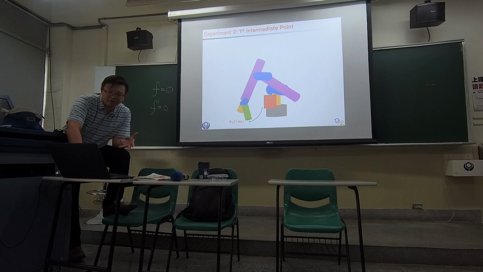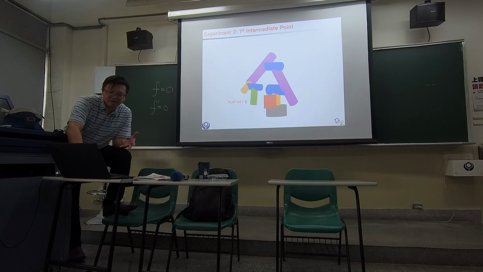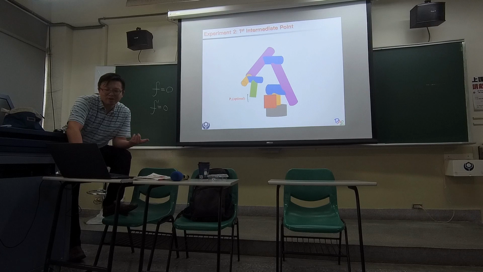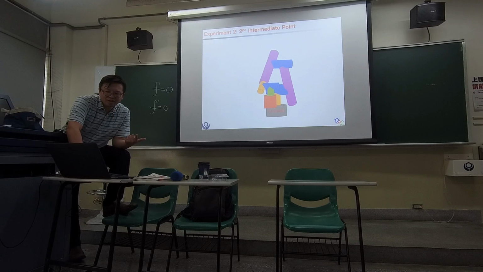So for iteration: first, second, third, fourth, fifth, sixth, seventh, optimal. So this is optimal. Second configuration: first iteration, second iteration, third. Okay, this is a fourth, optimal.